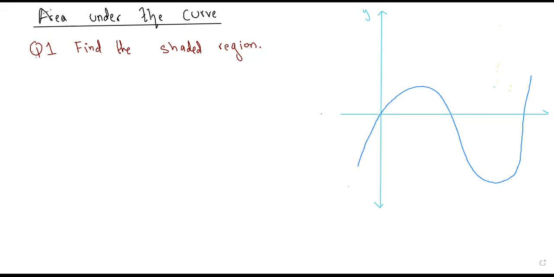Okay, now this is the curve. I'll write down the equation and everything. So the equation of this curve is y equals x, x minus 2, and x minus 6.